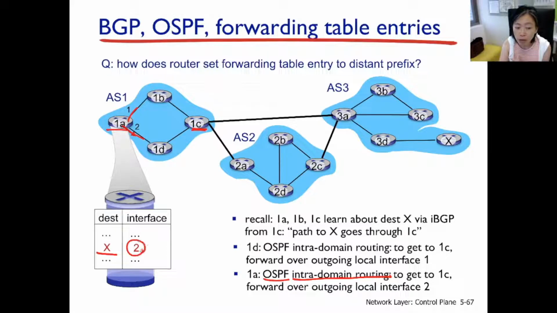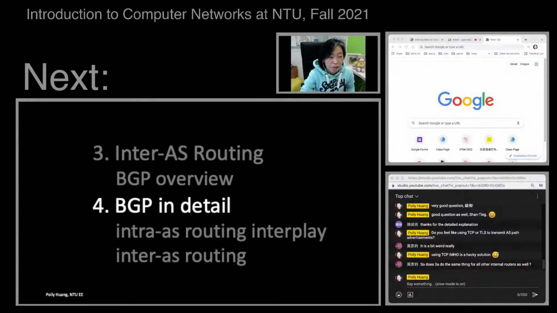And we'll get 2 here, and 2 here would forward packets to 1D, and 1D we saw earlier will be forwarding packets over this direction and reaching 1C. Therefore, going onward and reaching destination X. All right, so that should give you a little bit more detail on exactly how BGP works.